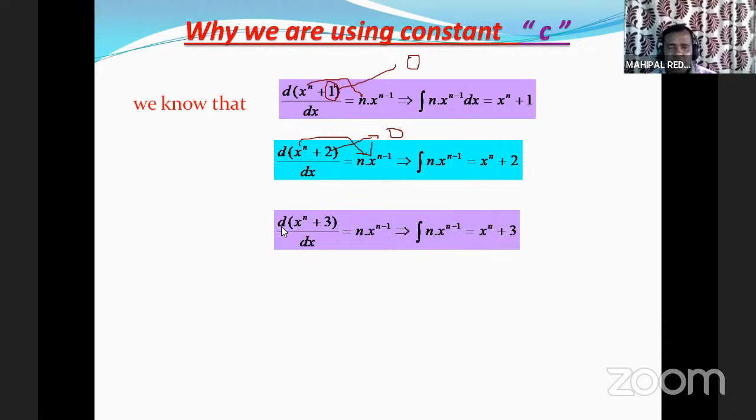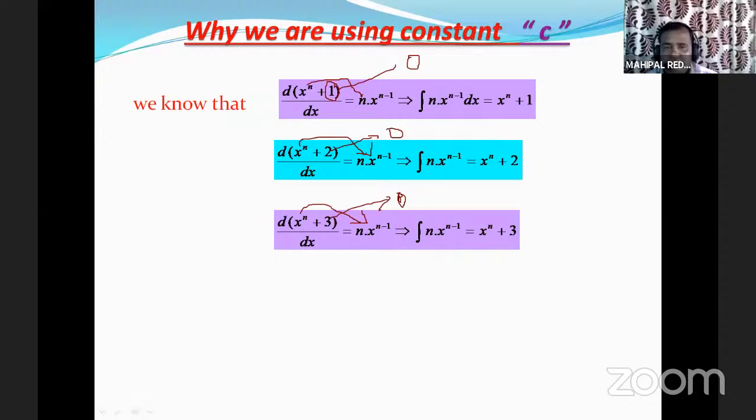Same, one more: derivative of x power n plus 3 with respect to the variable x. The derivative of x power n is n into x power n minus 1, and the derivative of 3 is 0. So the integration of n into x power n minus 1 is x power n plus 3. Students, observe this.